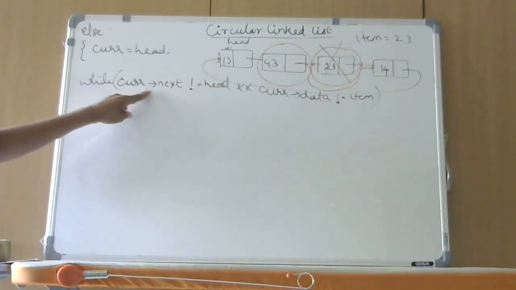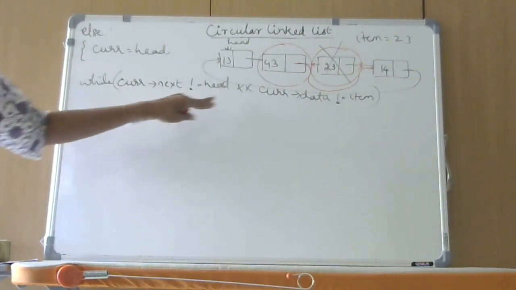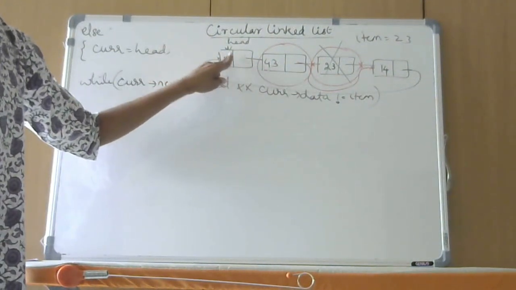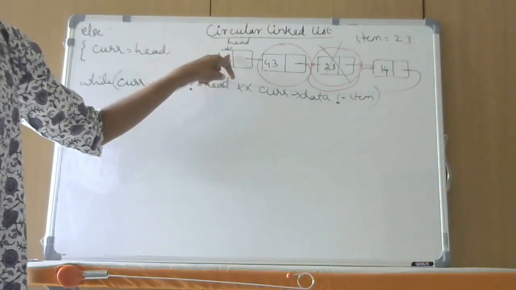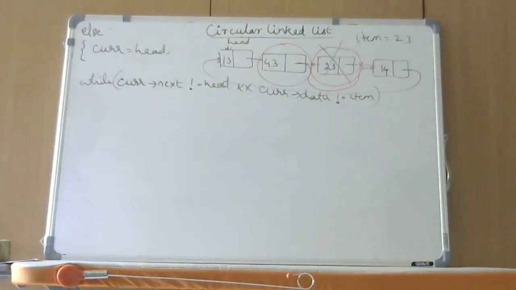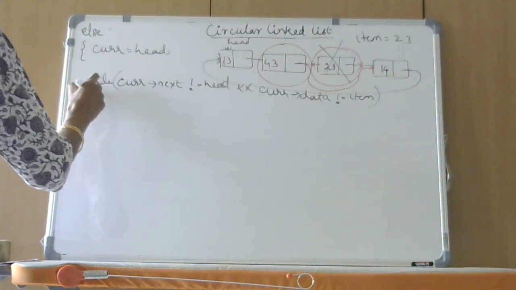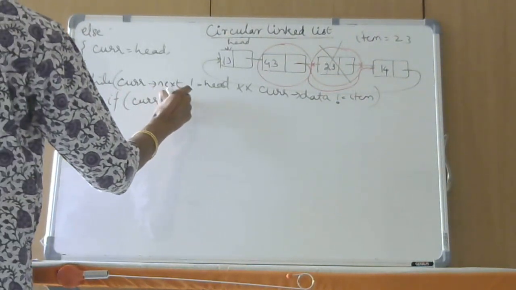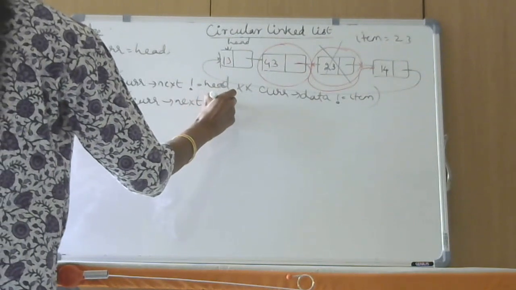Only the last node will satisfy that condition. And current of data is not equal to item: if current of data is not matching item 23, then I will go on and enter into this while. Here what do I check? If current of next is equal to head.